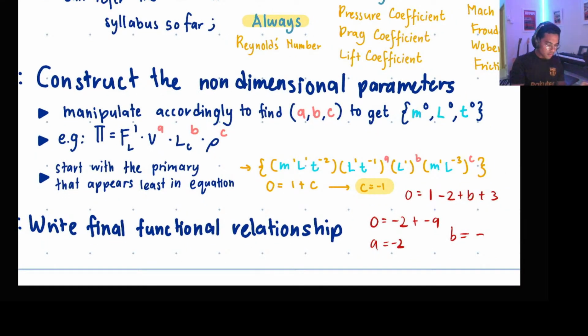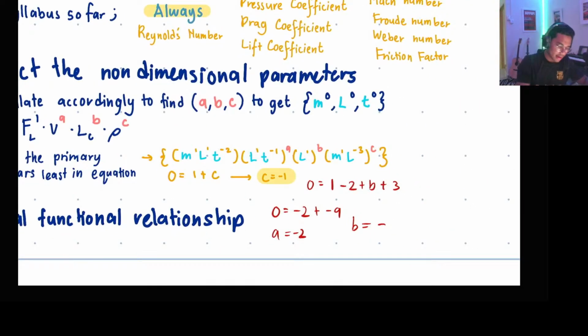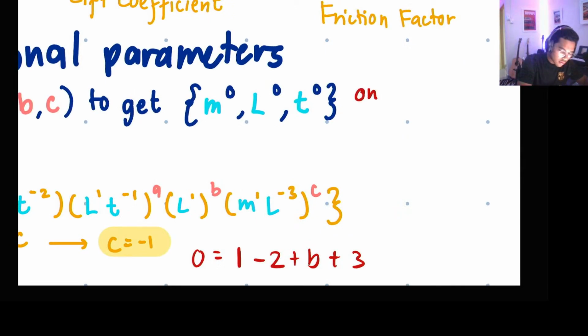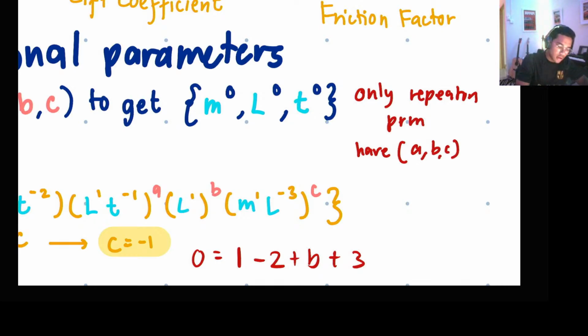Only the repeating parameters have the power of a, b, c. The non-repeating parameters is only the power of 1. Okay, make sure you get that. Only repeating parameters have a, b, c powers.